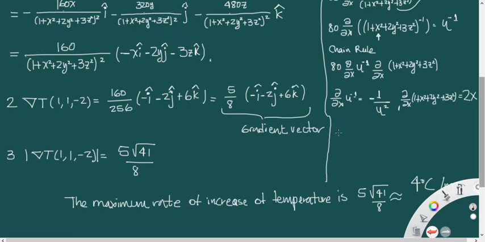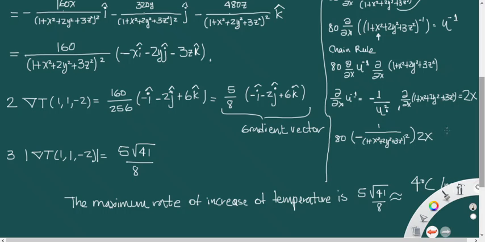So this is going to be equal to 80 times -1 divided by (1 plus x squared plus 2 times y squared plus 3 times z squared) squared, times 2x.